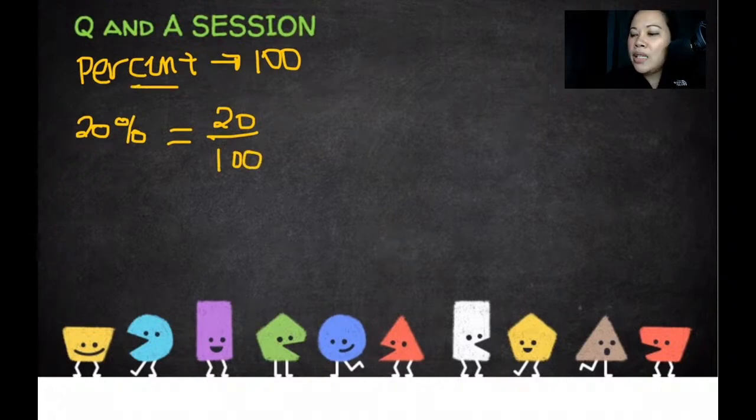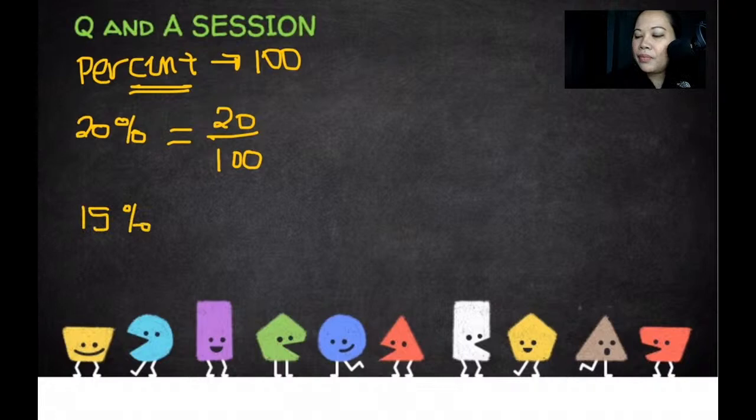The root word cent, like century, means hundred. So 20% will be 20 per hundred, 20 over 100. If you are asked 15%, that will be 15 per hundred.